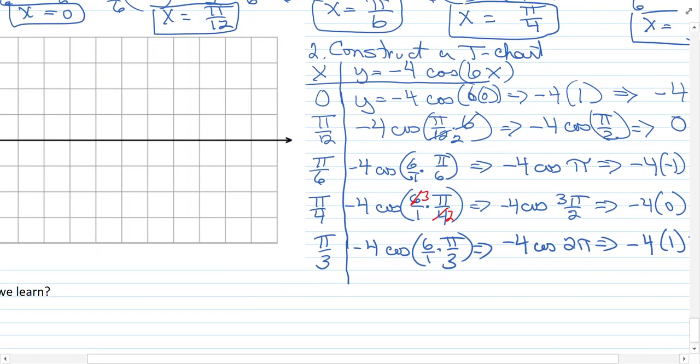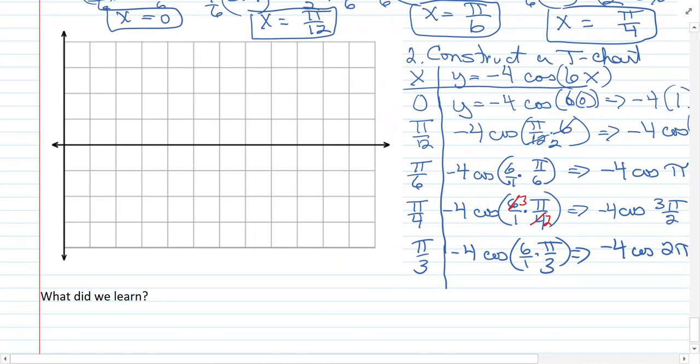All right, so let's see. Well, what am I going to do? Well, we're going to do pi twelfths, and we need pi thirds. So I'm going to make this pi twelfths. This is my 0, pi twelfths. Then that's a 12.